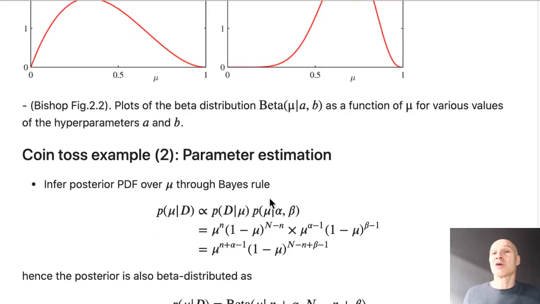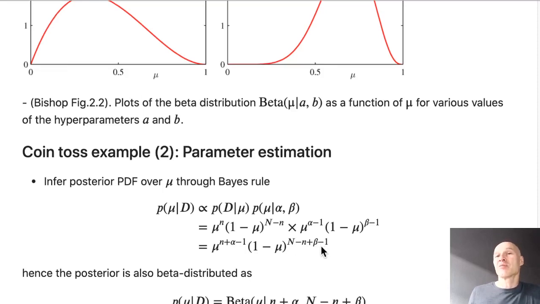Since we are working on a probability distribution over mu, we drop that out, because we can always normalize later by summing over or integrating out the numerator. So this posterior is proportional to mu to the power n plus alpha minus 1 times 1 minus mu to the power capital N minus n plus beta minus 1. This again looks like a beta distribution.